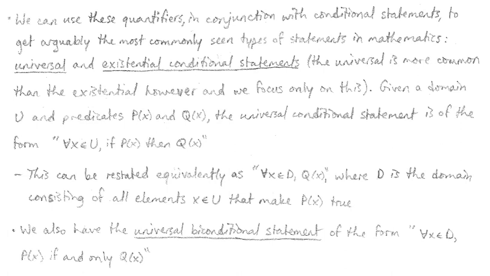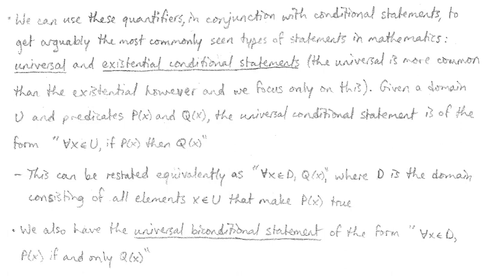And when you take a conditional or a biconditional statement, which has two different predicates, P of X and Q of X involved, and you put a quantifier in front of it, you get what are arguably the most commonly seen types of statements in math.